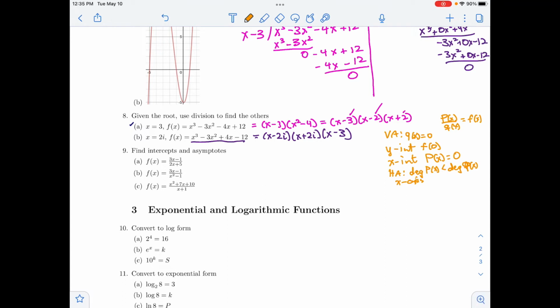If the degree on the top is equal to the degree of the bottom, then it's the ratio of the leading coefficients.